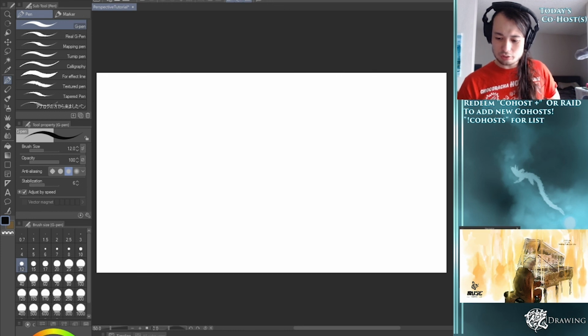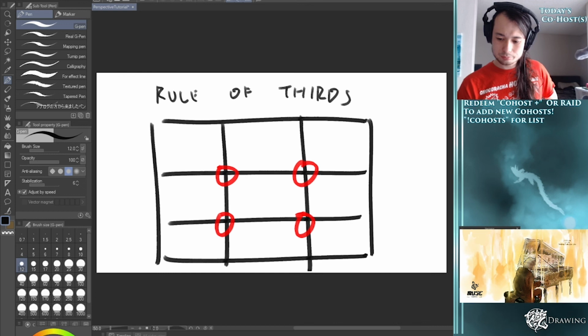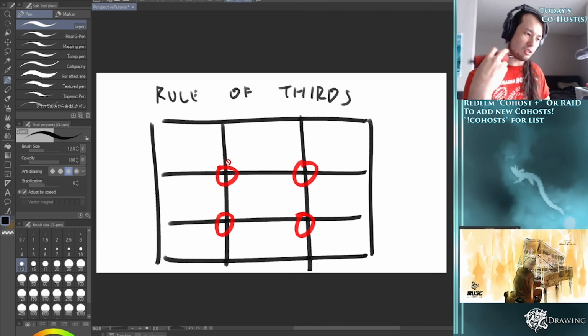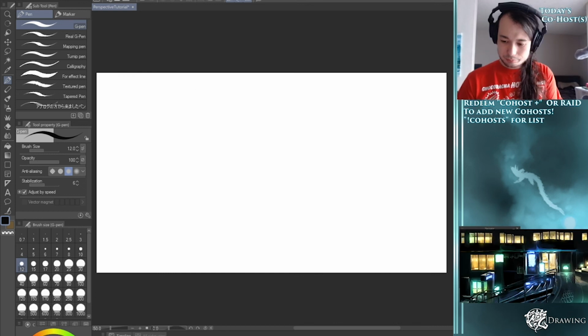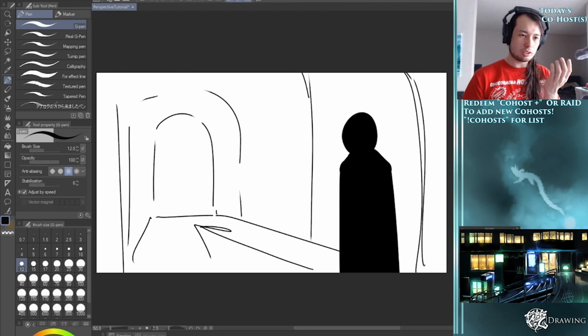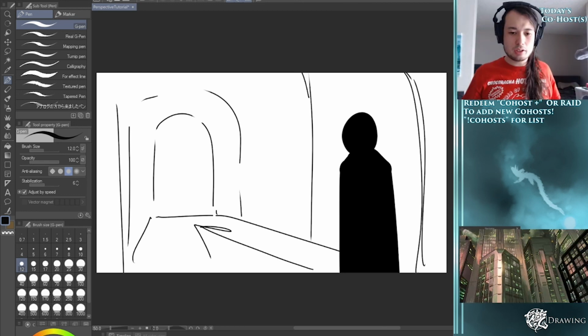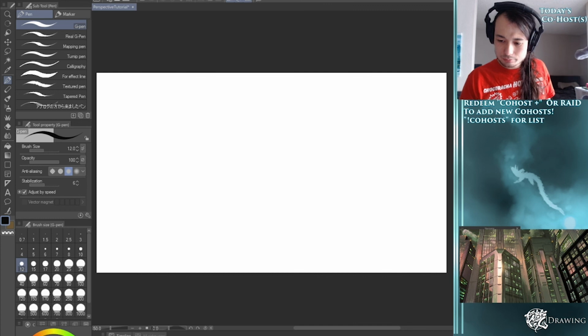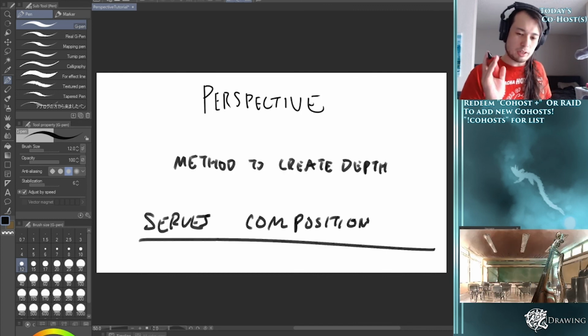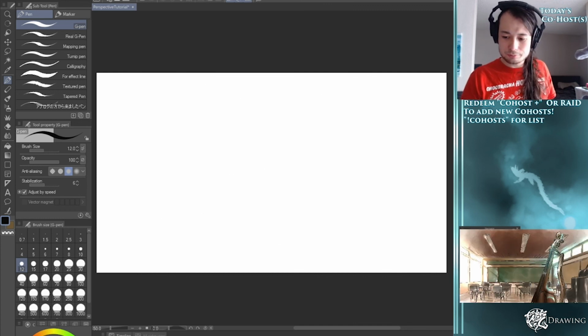This leads us to the use of the rule of thirds as the simplest, easiest way to create direction. Keep in mind that direction doesn't just have to be on a flat axis, it can be with depth. In order to show depth, we use perspective. Perspective creates depth to serve the composition.